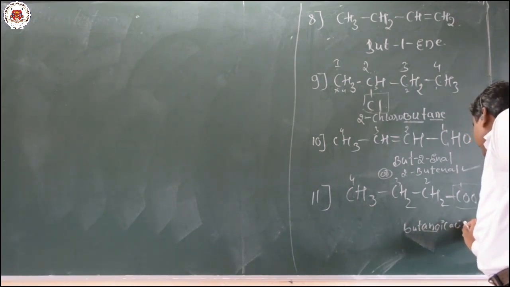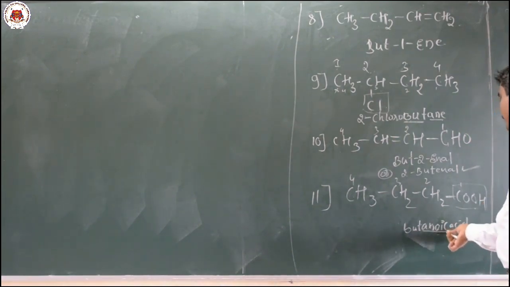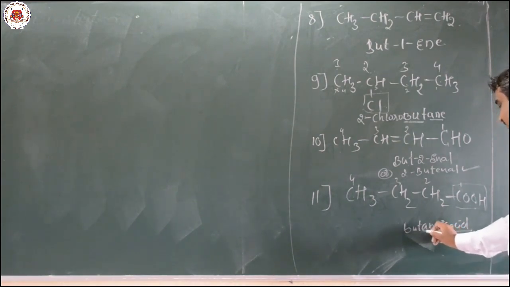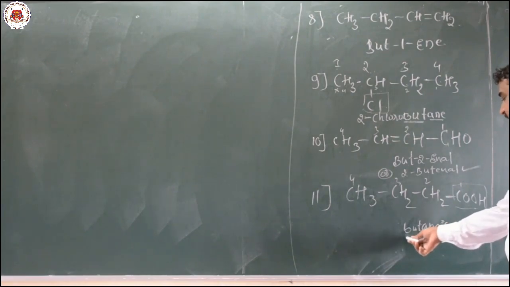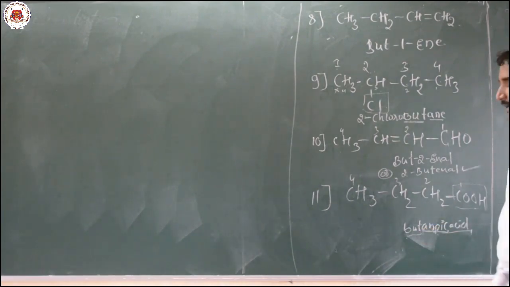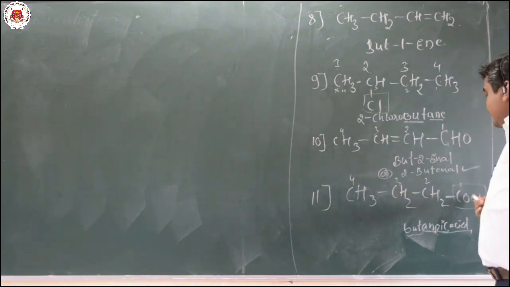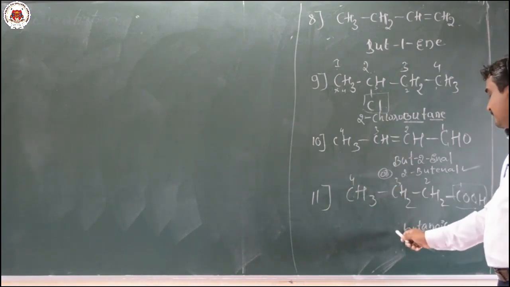We know that the suffix for this group is oic acid, which is a secondary suffix, where the e letter of ane is replaced. So this is the primary suffix, this is the secondary suffix, and but is the root word. We don't have any prefix or substituent group here, hence the name of this compound is butanoic acid.